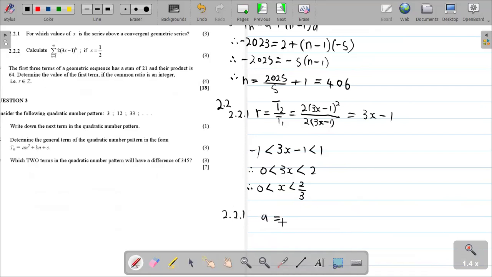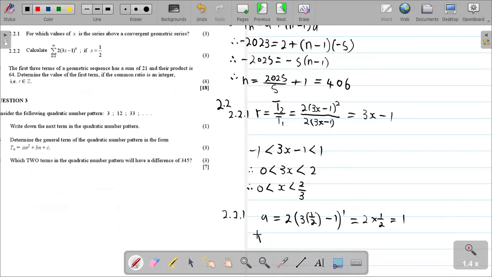A, the first term, is going to be 2 into 3 and then 1 over 2, then minus 1, and then to the power of 1. So it's going to be equal to 2 multiplied by 1 over 2. So it's going to be 1. This is the first term.